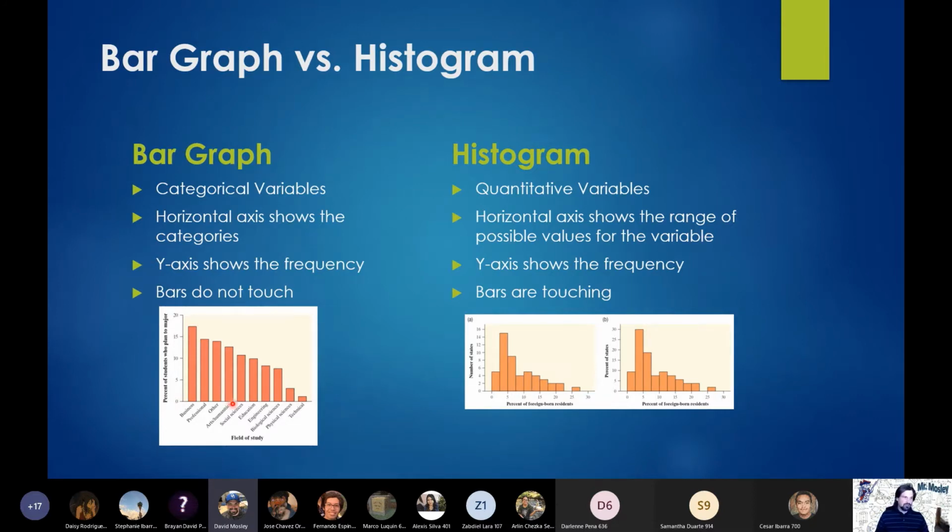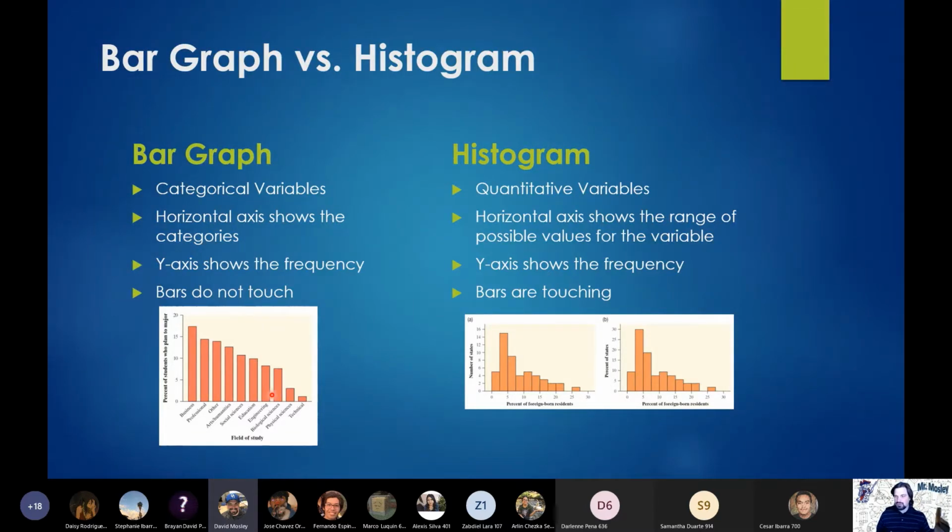In a bar graph, we're allowed to have space because where one bar ends, the other one isn't picking up. They're separate things. They're not connected by a value. So that's one thing. The other thing was in our discussion board about the categorical variables in the bar graph.